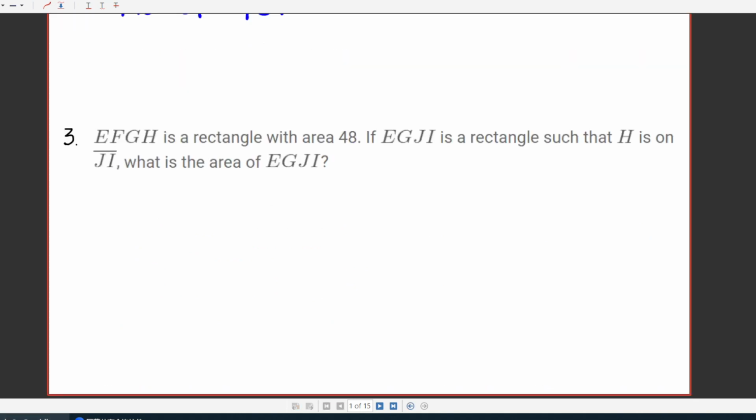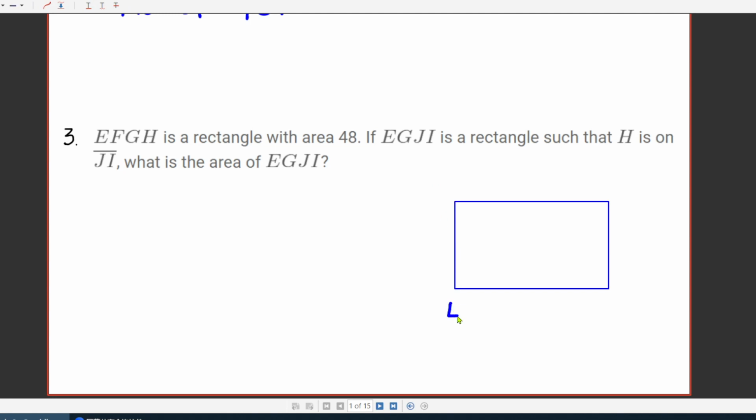EFGH is a rectangle with area 48. If EGJI is a rectangle such that point H is on segment JI, what is the area of EGJI? Okay, let's draw a rectangle first. Draw the diagram on the right.